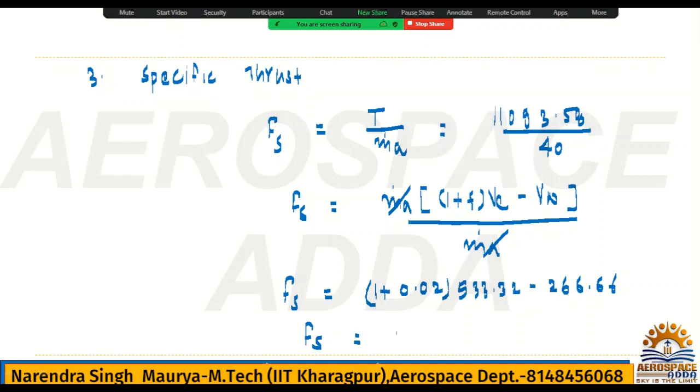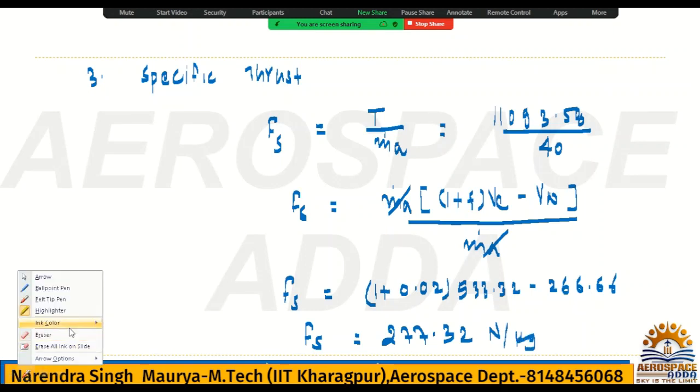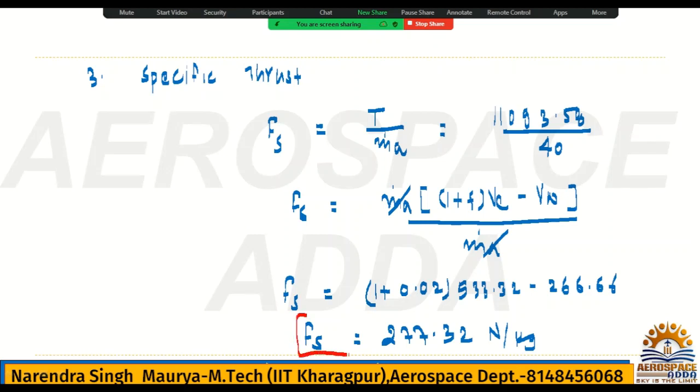I don't know why you guys are getting 271. 277.32. What is the unit here? It is Newton per kg. This is the value of specific thrust. So this is the specific thrust, right?